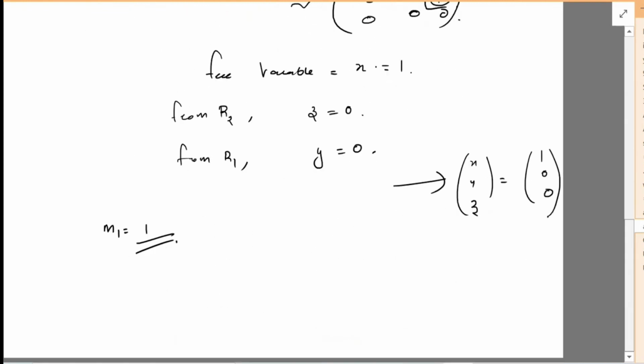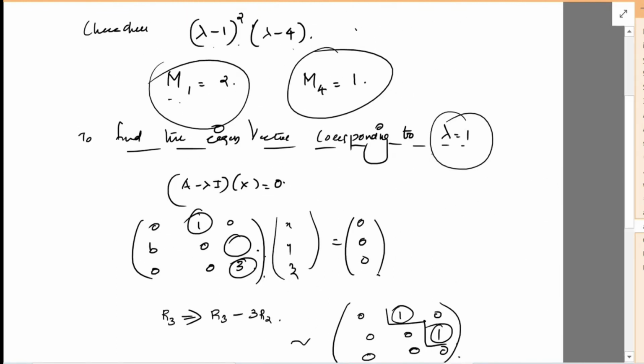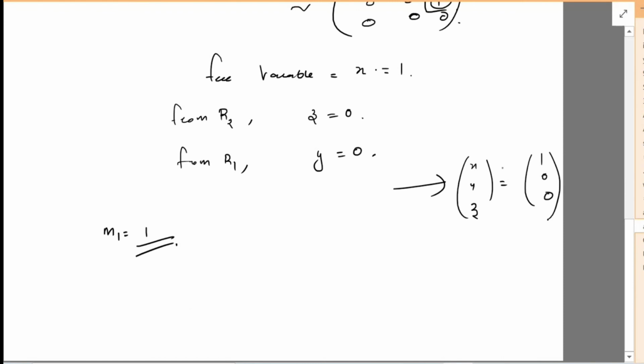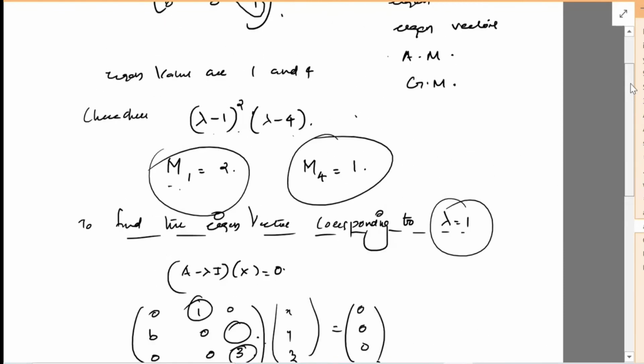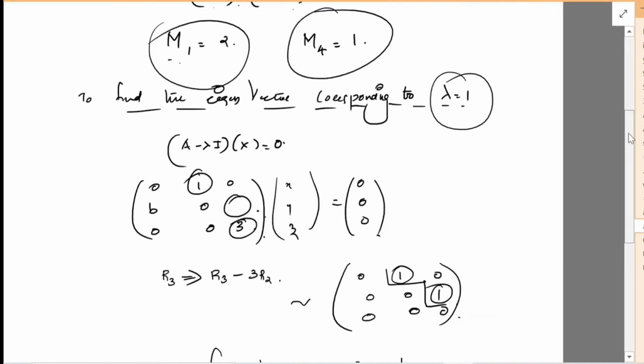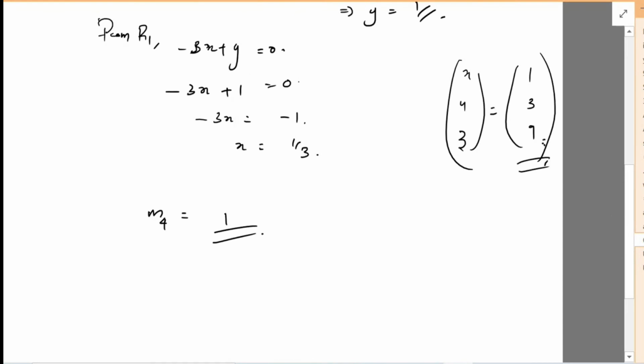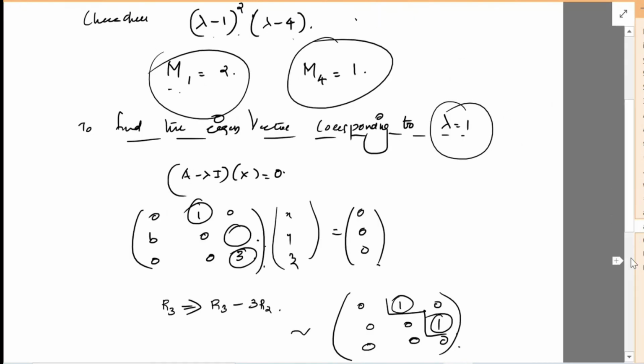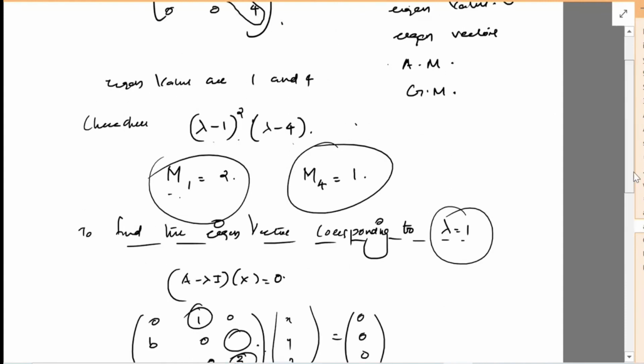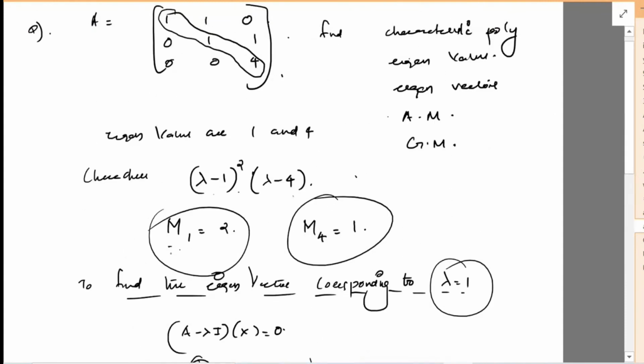And we got the eigenvectors. The eigenvector corresponding to lambda equal to 1 will be 1, 0, 0. And the eigenvector corresponding to 4 will be 1 3 9. Then the geometric multiplicity of the eigenvalue 1 will be 1. So here you can see that the algebraic multiplicity of 1 is 2, but the geometric multiplicity of 1 is 1.